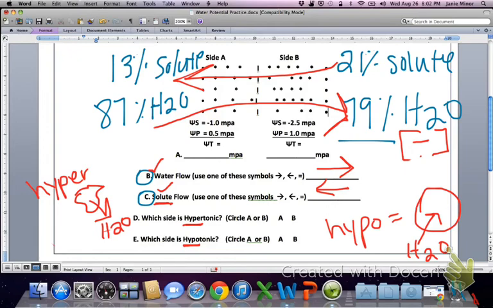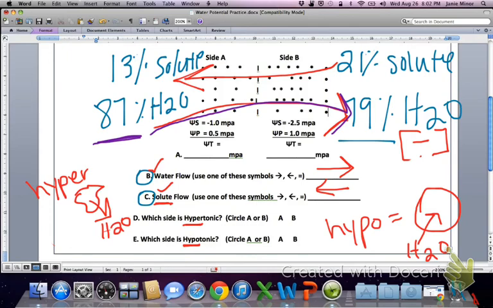So, we're going to apply hyper and hypertonic to our solutions over here. Think about the direction that your arrows are going. If you're over here on side A, and then your arrow is moving from A to B, well, that's where your water's flowing.